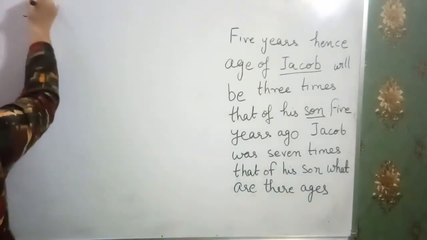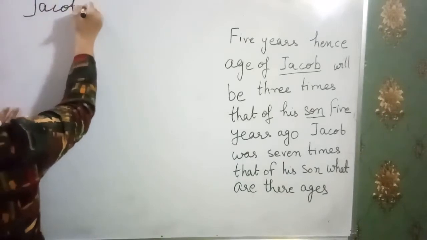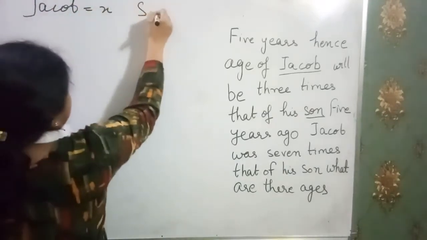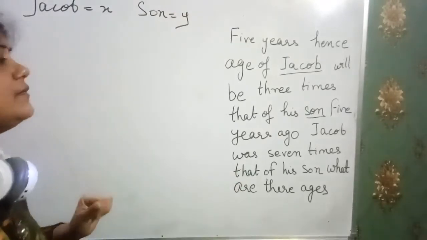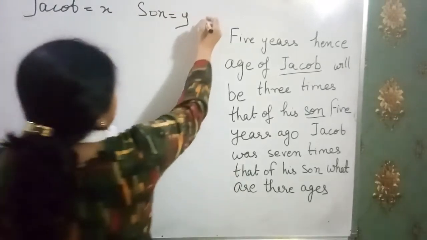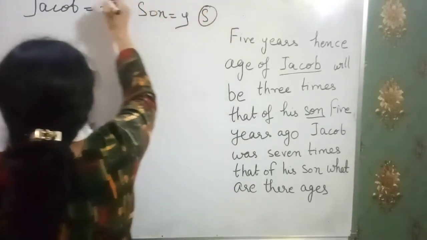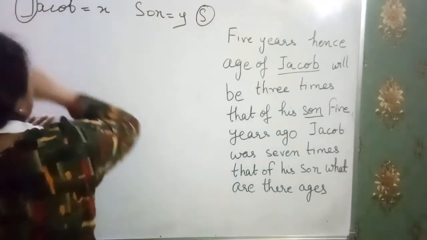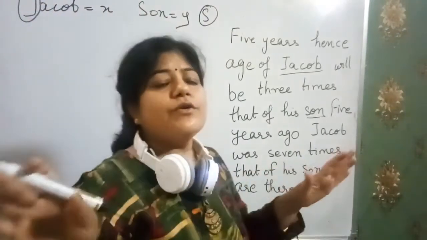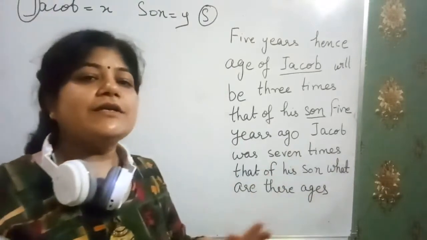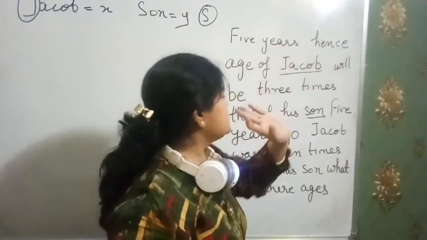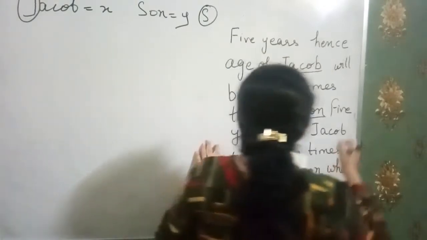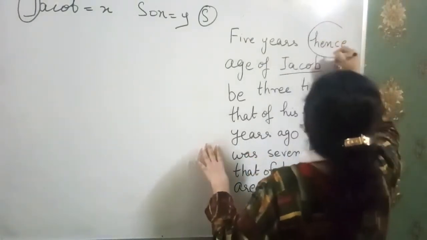So let Jacob's age be x and the age of his son be y. We can use J for Jacob and S for son in order to differentiate, so that there is no confusion. Okay. 5 years hence. What is the meaning of hence?